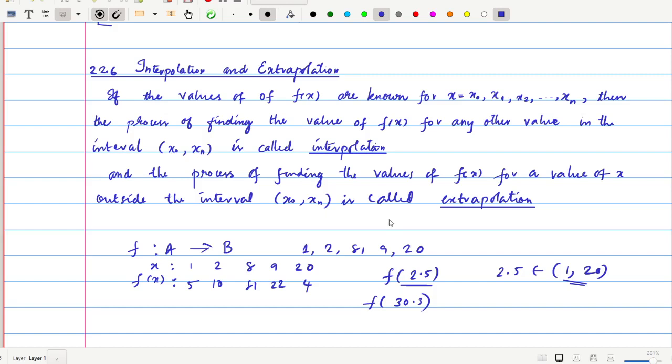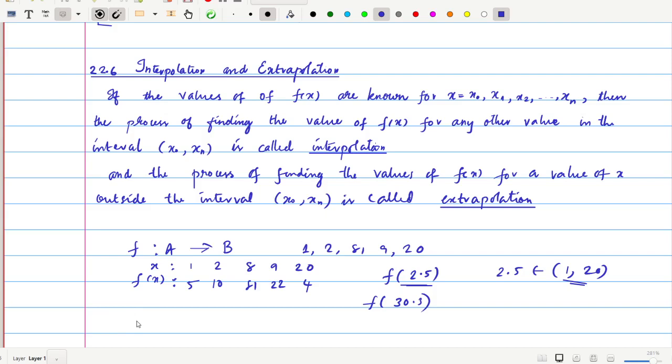So we discuss how we can interpolate the value of f if the given values of x are in a nice manner, that is, if the values of x are equidistant.